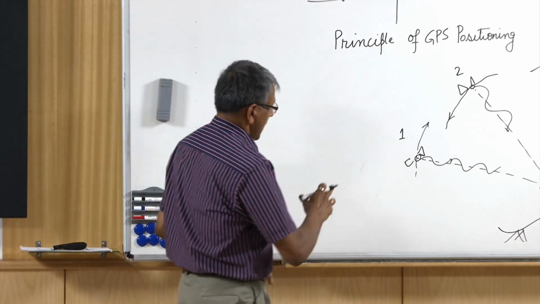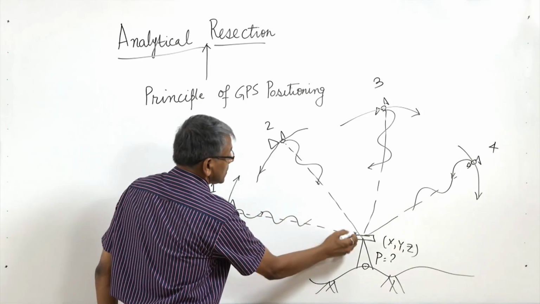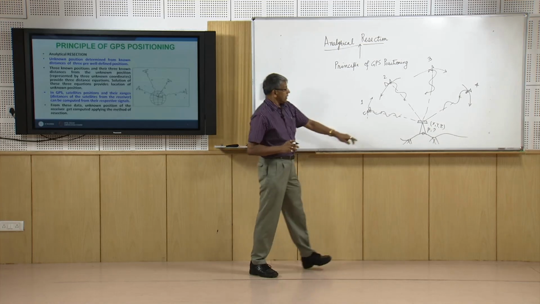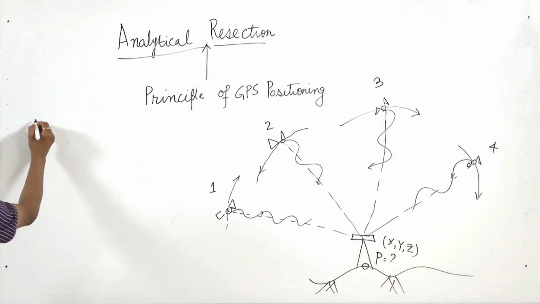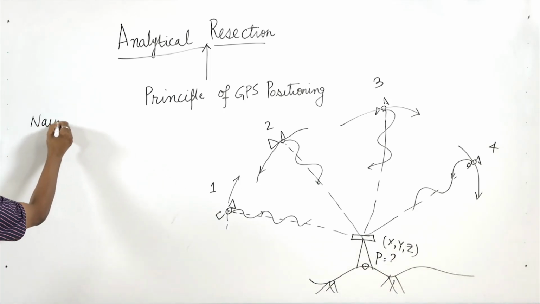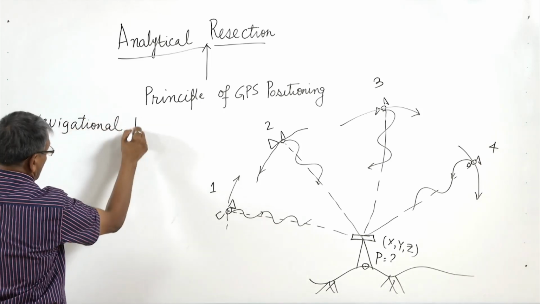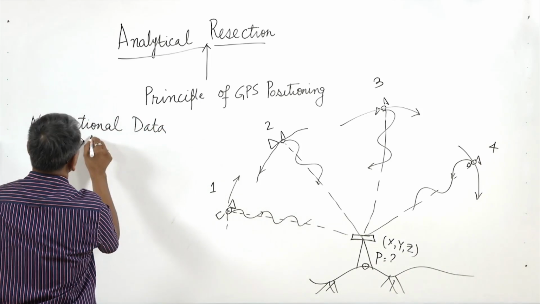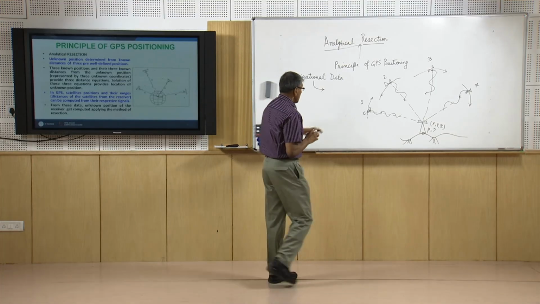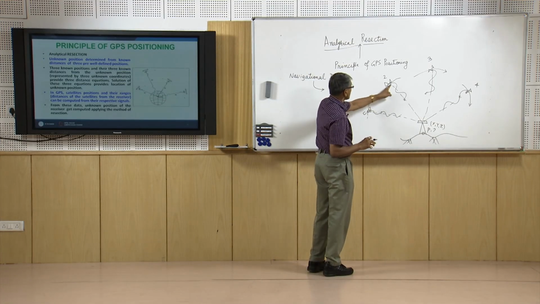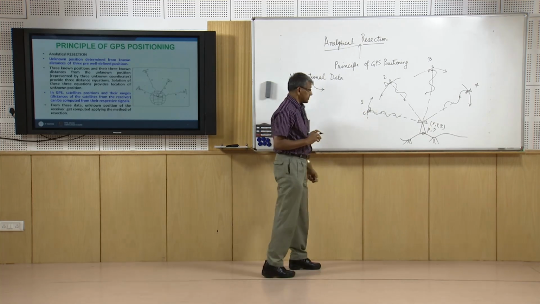As the GPS signal reaches the receiver from the satellites, these signals contain navigational data, and we may use these data to find out the location of the satellites.